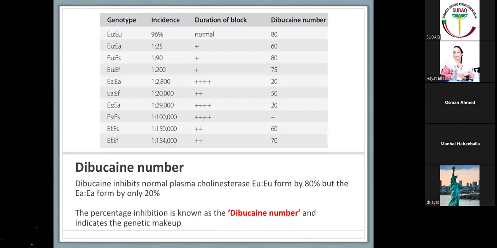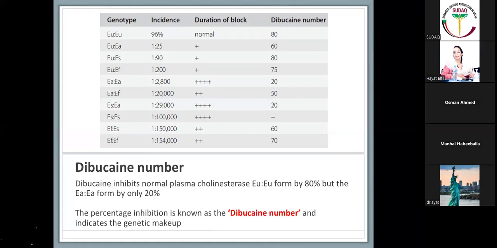The dibucaine number is a very important terminology, and you will find it a lot. Dibucaine is basically a local anesthetic, but when it is added to the plasma cholinesterases, it inhibits the normal plasma cholinesterase, the EU, by 80%, while it inhibits the atypical gene by only 20%.